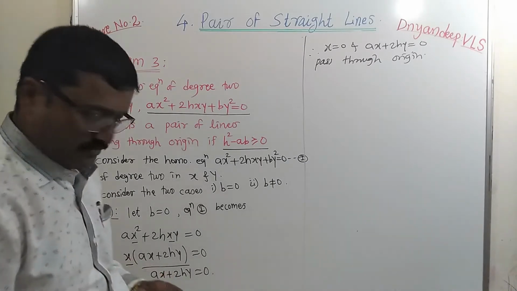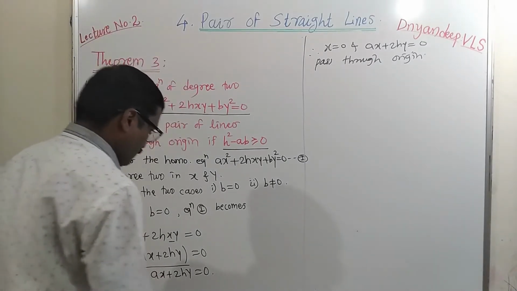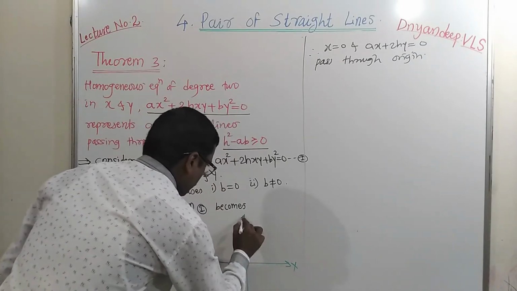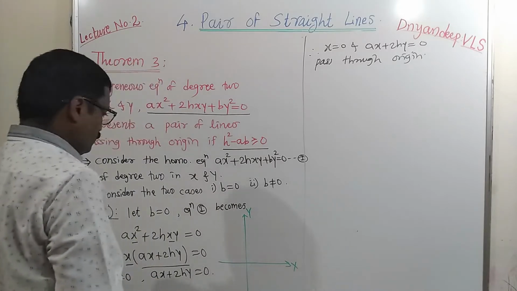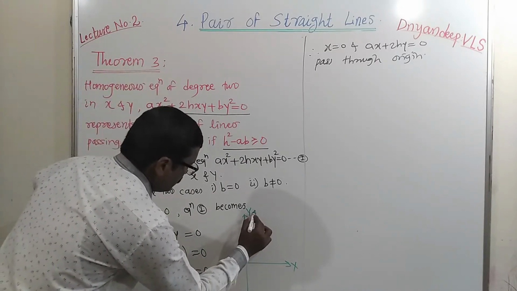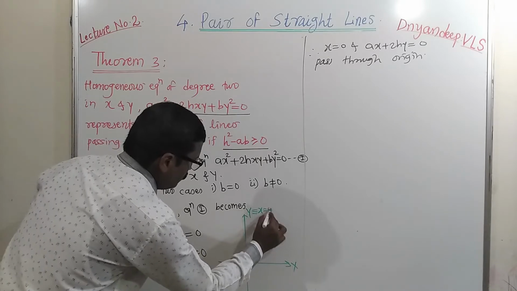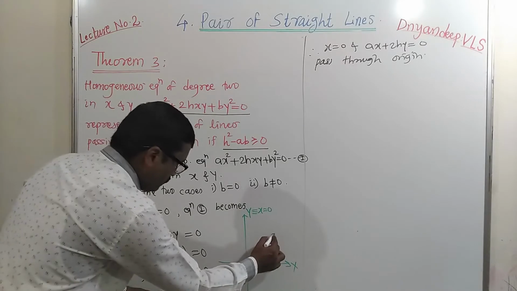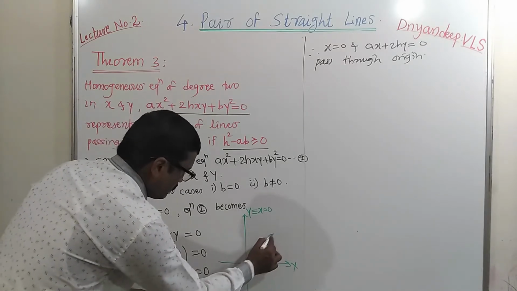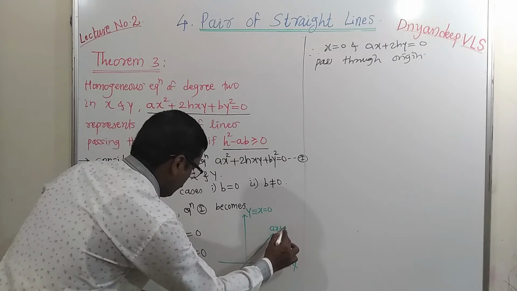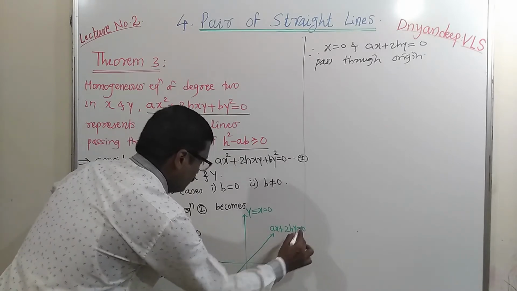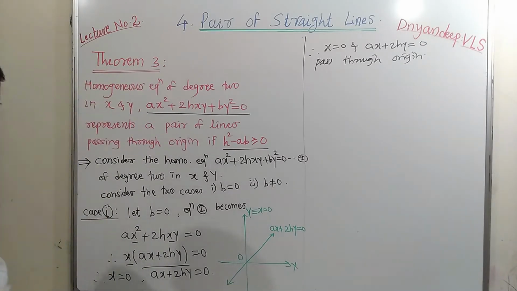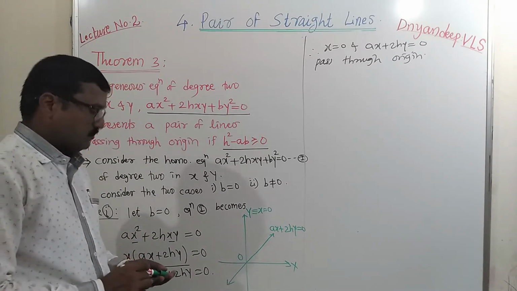Let us see the figure related to this. x equal to 0 is nothing but the y-axis. And the line ax plus 2hy equal to 0 is a line passing through origin. This is the origin. You can draw the simple figure related to this case 1.